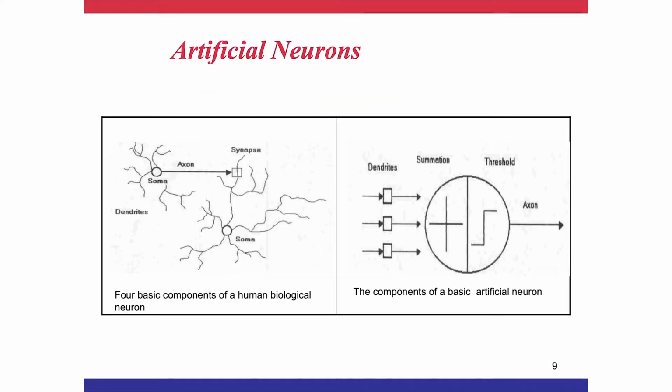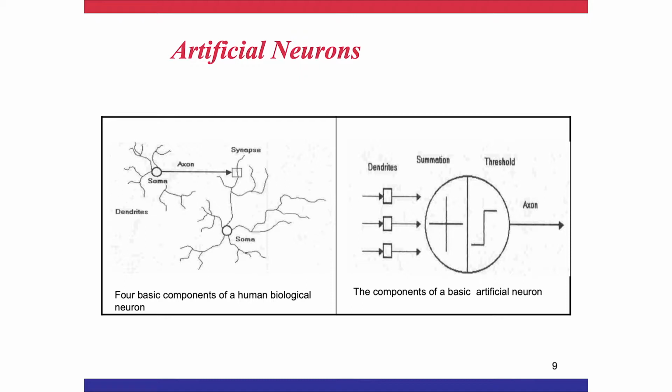So we can see a very basic example in the figure on the left, which defines the biological network, where we see a dendrite and the neural cell, which is identified by its soma and the axon.